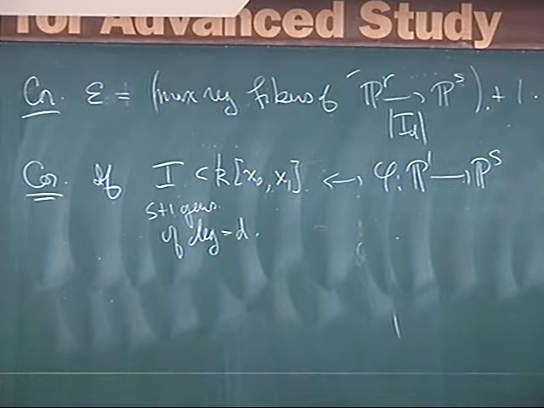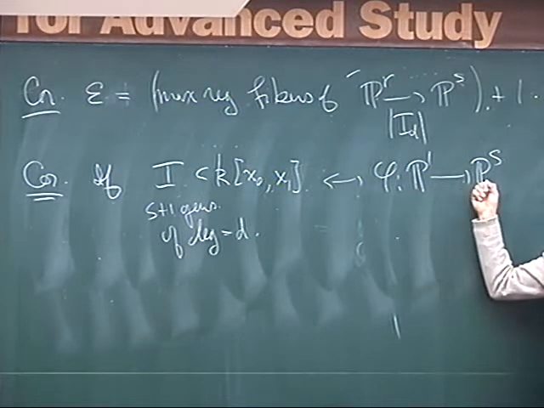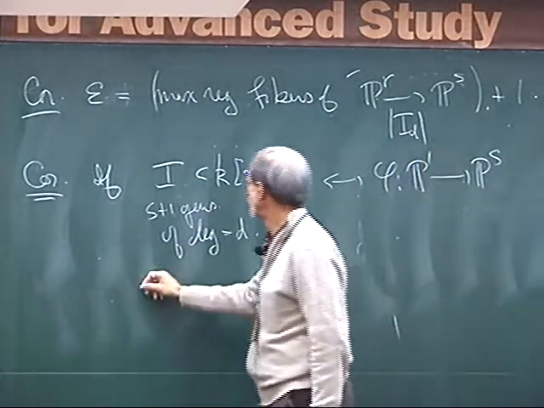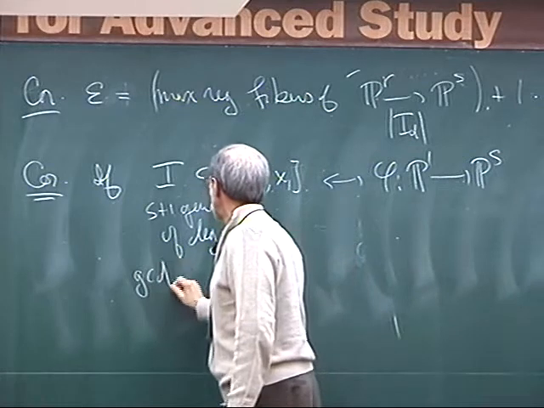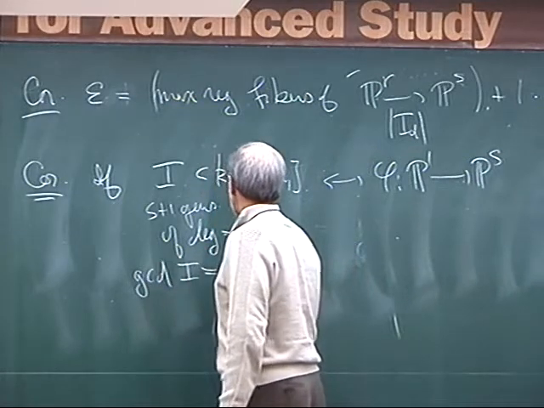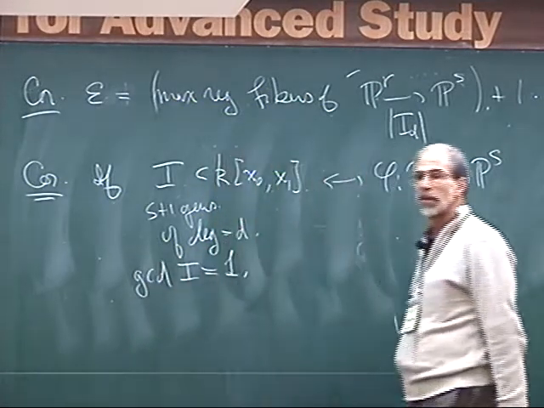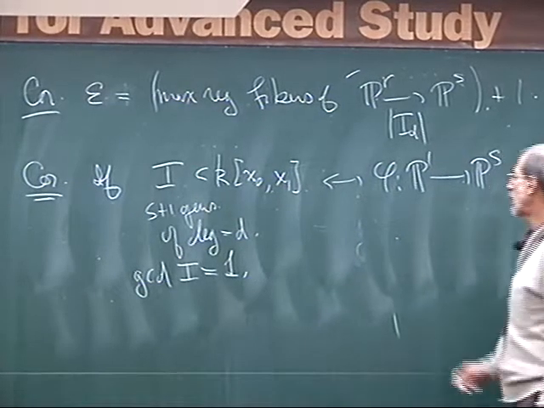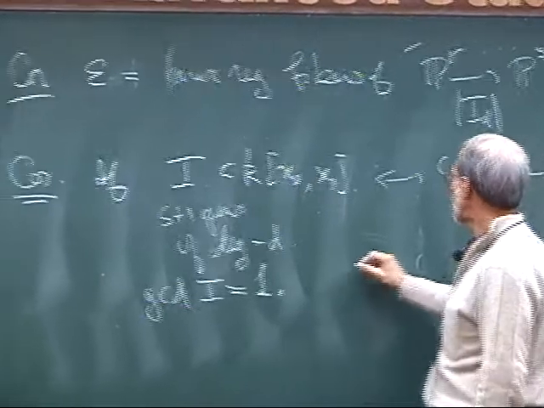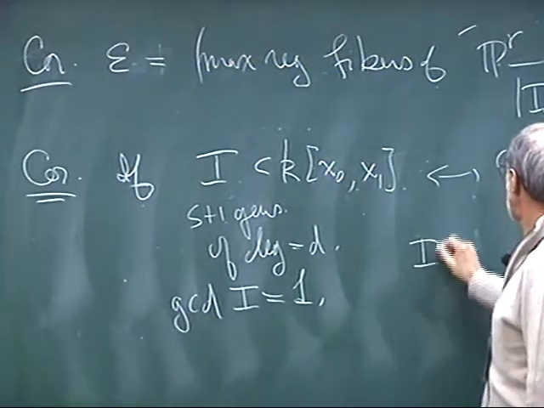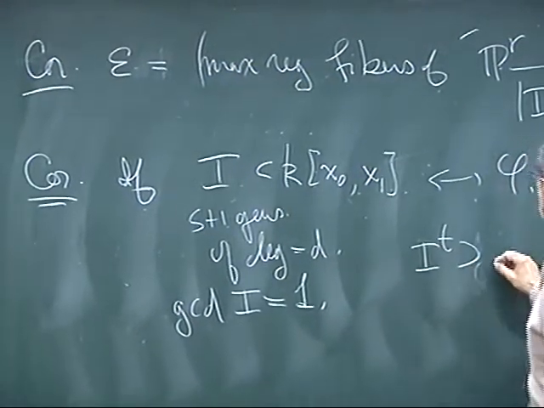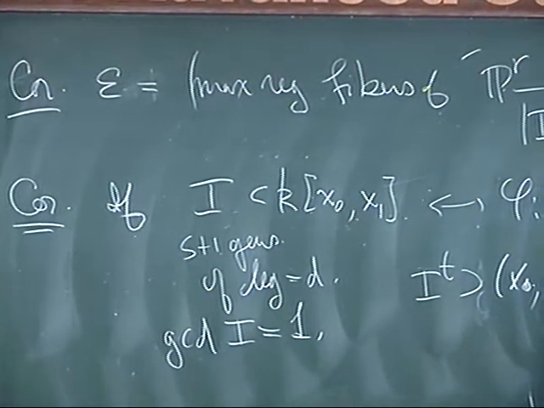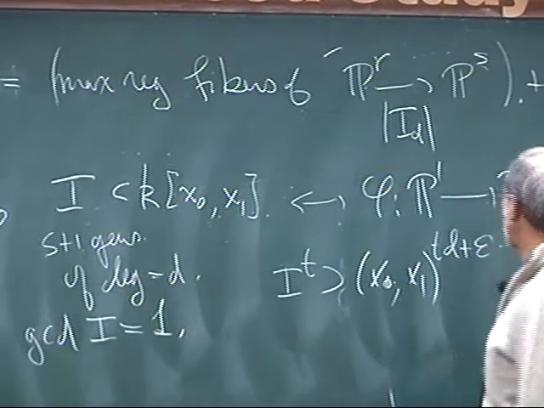And of course, in order for this to be a well-defined morphism, I has to be primary to the maximal ideal. So the GCD of I, in that case, you could say is equal to 1. That's what that means there. And you look at the regularity of I to the t. So I to the t contains (x0, x1) to the td plus epsilon.